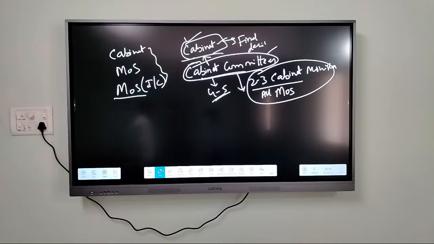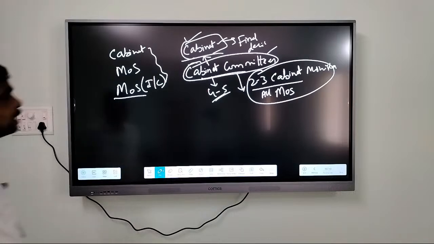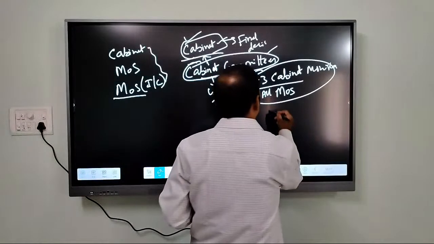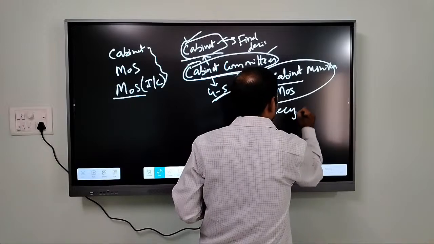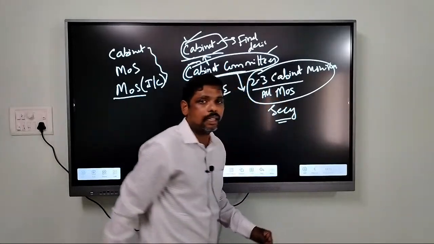So this cabinet committee consists of 2 to 3 cabinet ministers who represent those 4 to 5 ministries. It consists of all the ministers of state of those ministries or departments. At the same time, it also includes the secretaries of those ministries and departments.